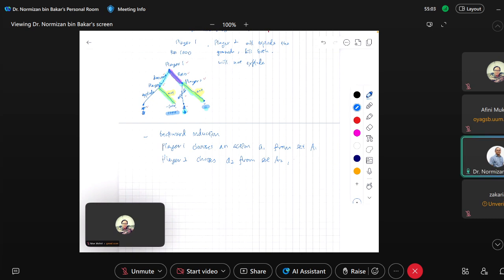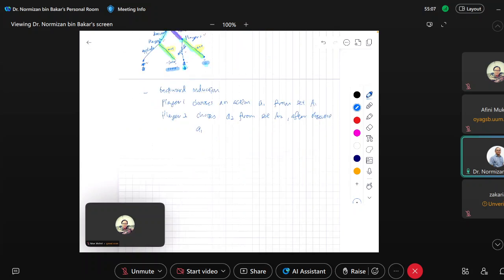So player 2 will choose A2. They will choose the action after observing the choice of P1. Okay. So let's say the payoff of the player is U1(A1, A2).